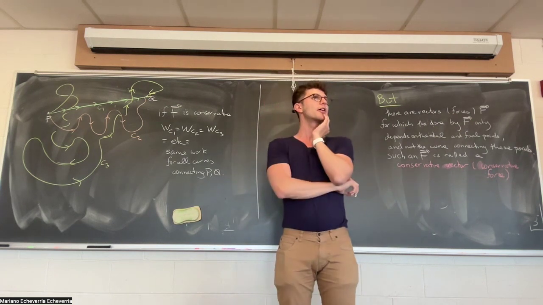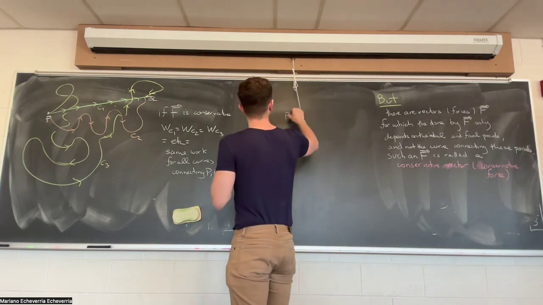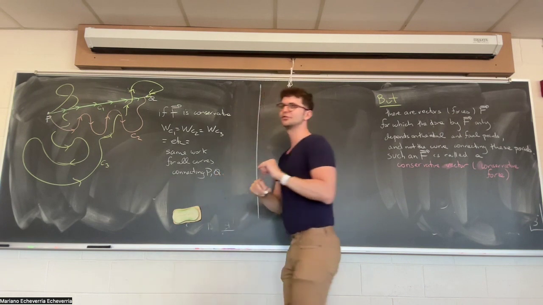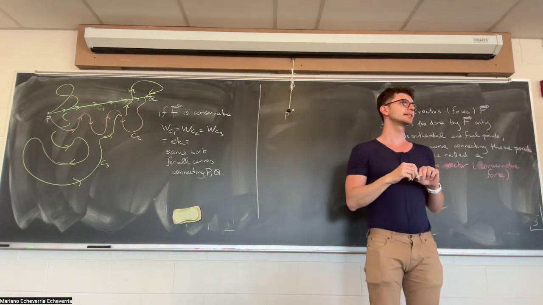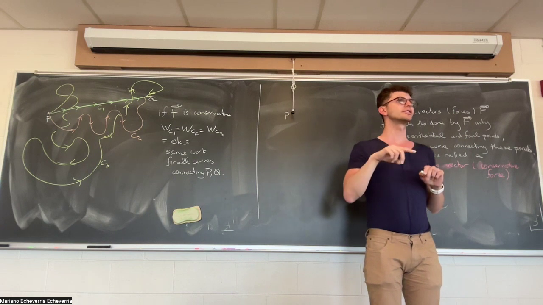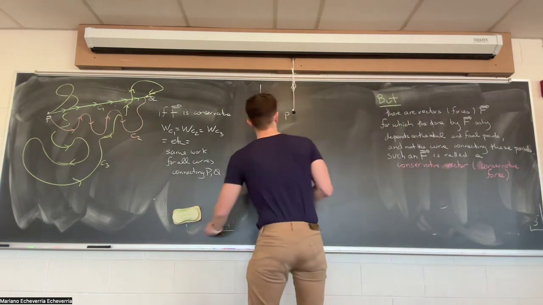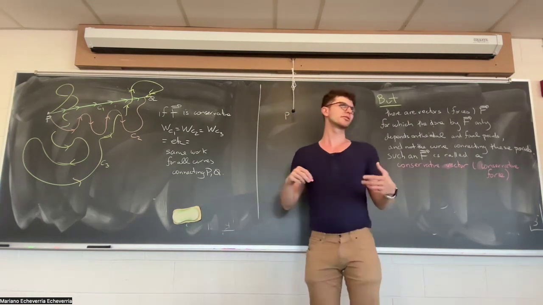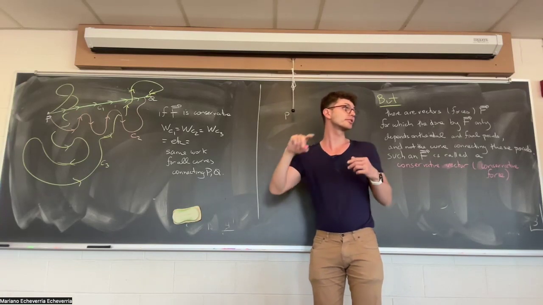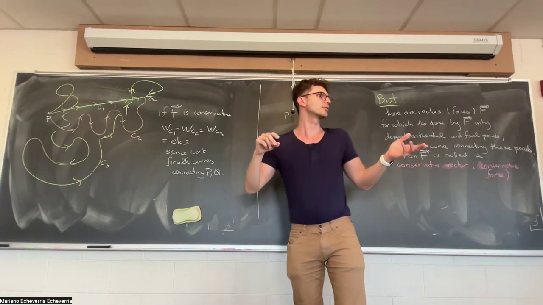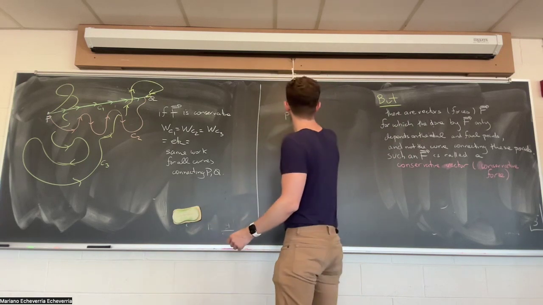What if the curve, let's say you choose your favorite point in space, and the curve that you choose is what you would call a closed loop? It returns to where you started, kind of like a circle, or an ellipse.